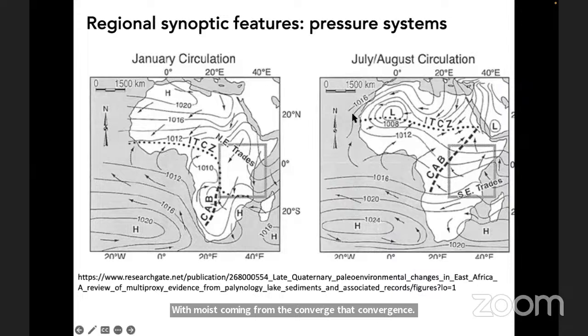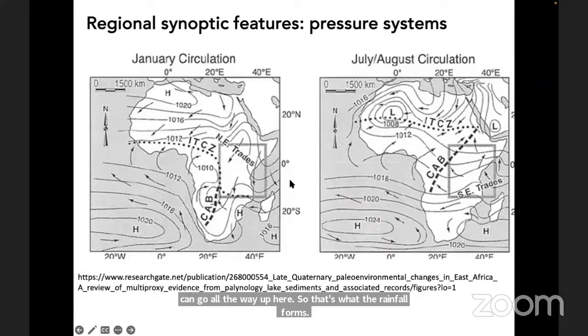This is in July. Now the ITCZ is all the way up here. So now you can see over the Sahara is actually a low pressure area, most of it, so that the wind can go all the way up here. That's why rainfall forms up here instead of down here.